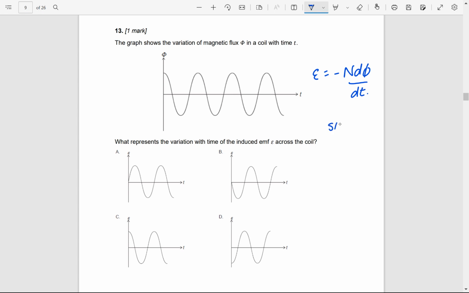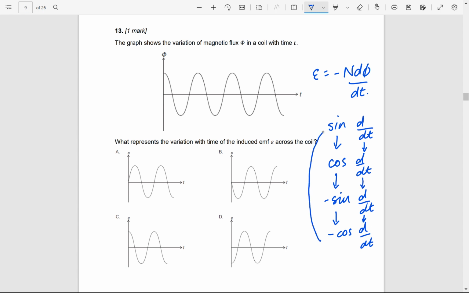So it's like SHM, where you go from sine to cosine to minus sine to minus cosine. That would be d something by dt, d something by dt, d something by dt. As you move through differentiating, you go all the way back round in a cycle.